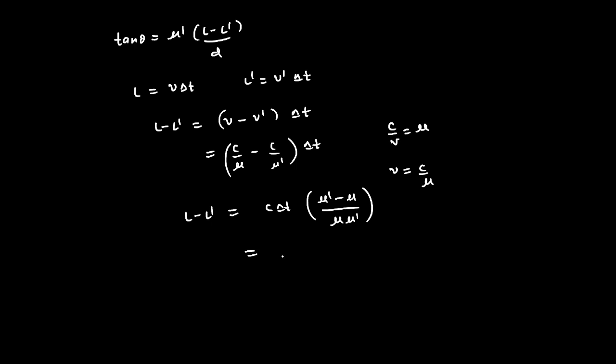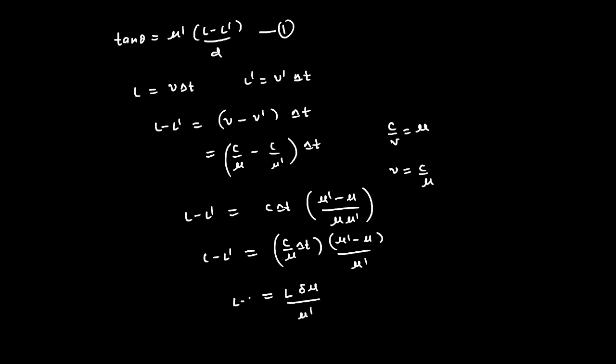We can absorb this mu here and write C by mu delta T, that into mu dash minus mu by mu dash, is what we have as L minus L dash. Let me call this equation 1. So this turns out to be L, and this is delta mu, and this is mu dash. So L minus L dash is this, and mu dash times L minus L dash equals L times delta mu.